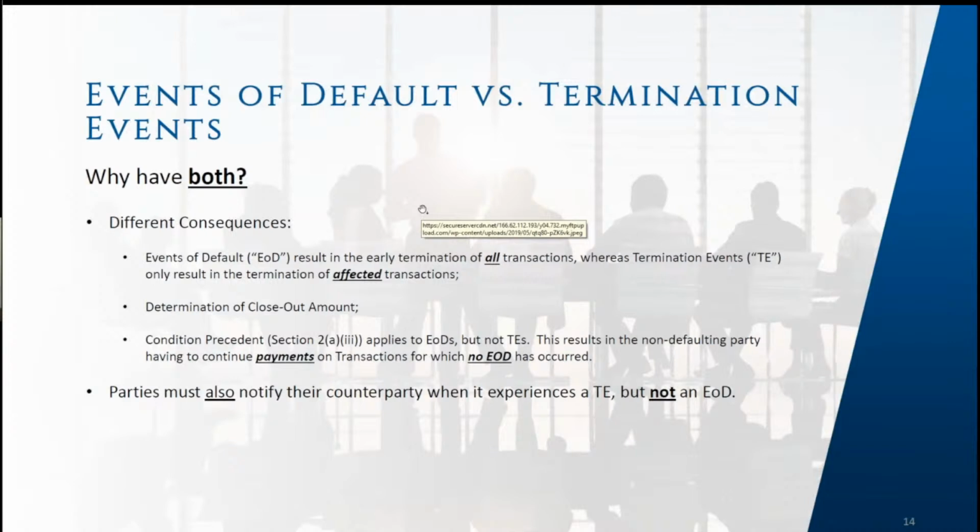And a termination event is a category of event where neither party is at fault, but it's not possible or not practicable to continue the relationship anymore, so there needs to be a termination. There are different consequences. Events of default result in an early termination of all transactions. Termination events only result in the termination of transactions which are affected by that termination event.